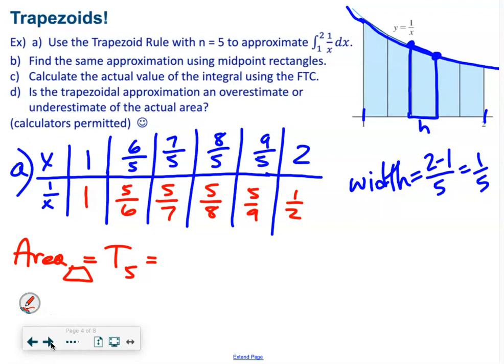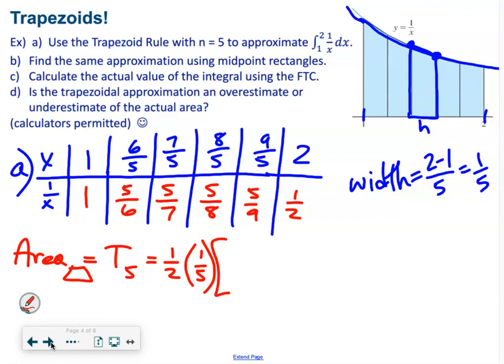Every trapezoid in the whole universe always gets multiplied by 1/2. So you can pull the 1/2 in front. If your widths are all the same, which in this problem they are, you can pull the width out in front, just factored out of all the trapezoids. So our width is 1/5. So I'm going to pull that in front.